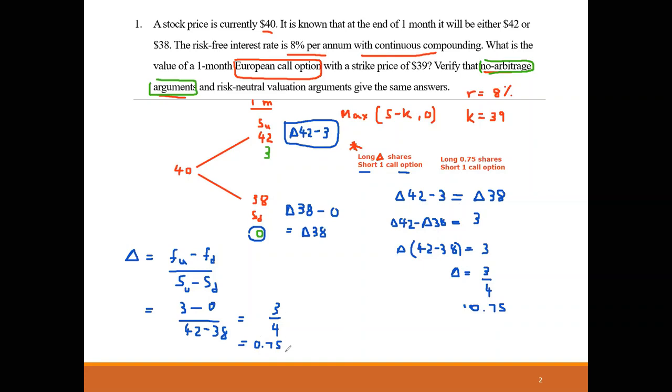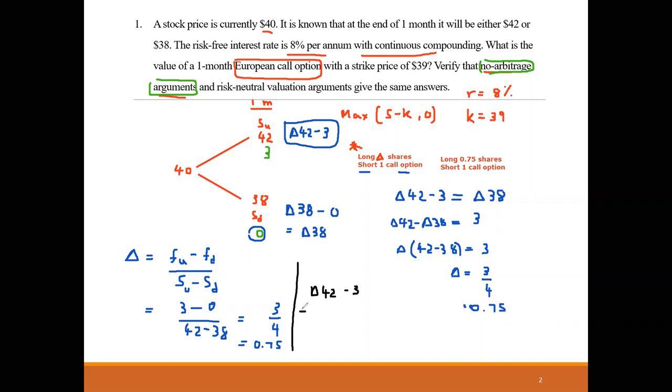So calculate the values and tell me what would be the value of the option at maturity. So consider this: delta 42 minus 3, the value of the option, if it goes up, then how much would you get? Yes, so now if you take this scenario where it goes up, the value would be delta 42 minus 3.